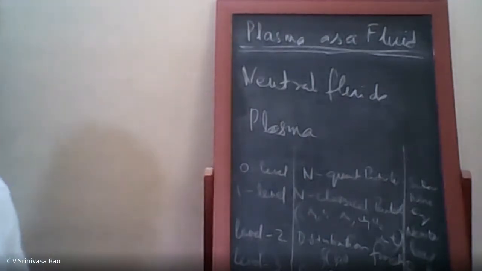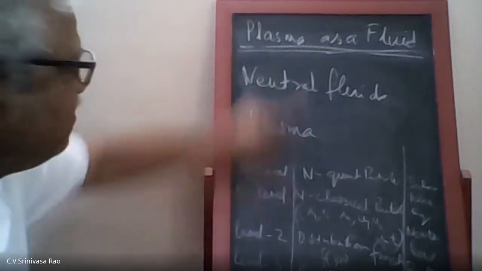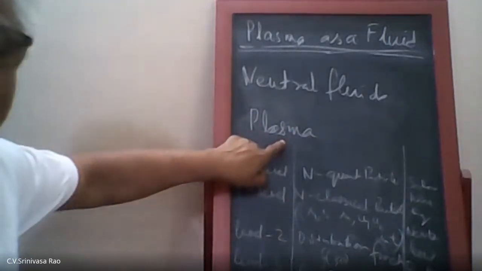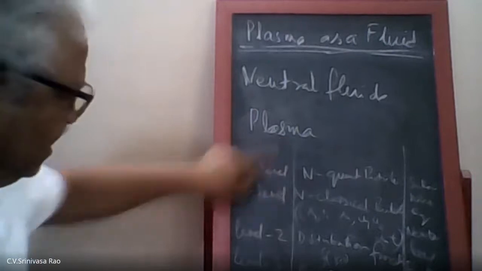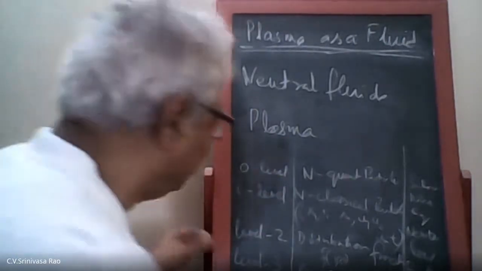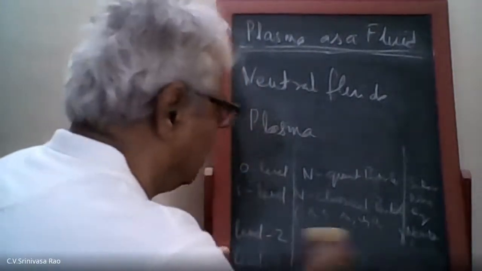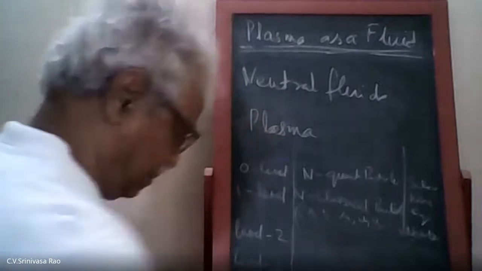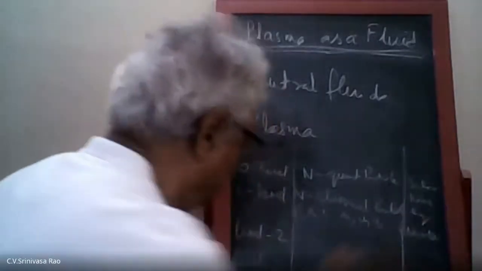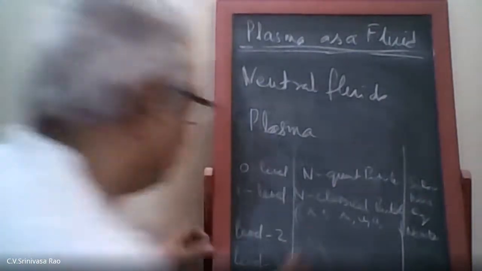So for plasmas, what will happen is level 0 and level 1, they are same as the neutral fluid. So level 2, basically we have the same distribution function.